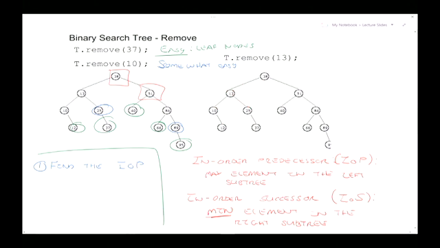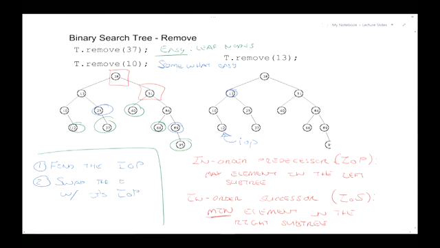So looking at our original binary tree, what is the IOP of 13? It's the largest element in the left subtree, so that's 12. So our IOP is 12. Second step, swap the node with its IOP.